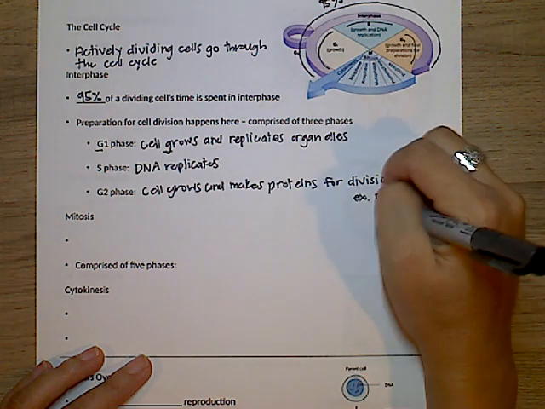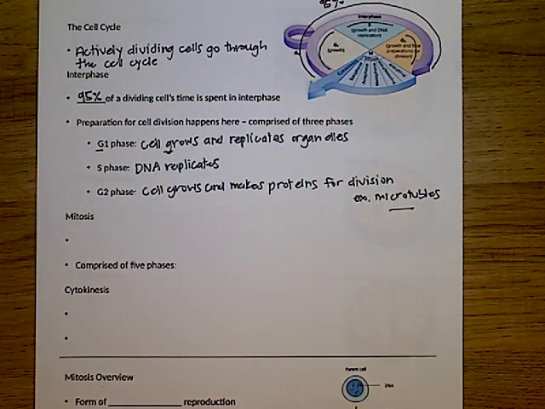Remember, those microtubules are the proteins that are going to grab onto the centromeres to help separate those sister chromatids.